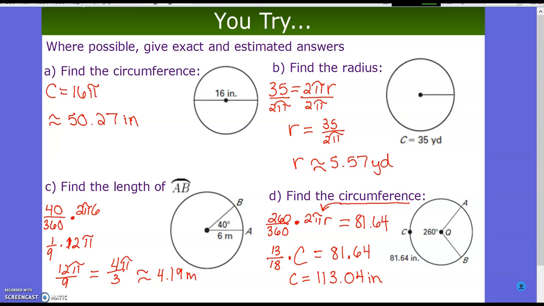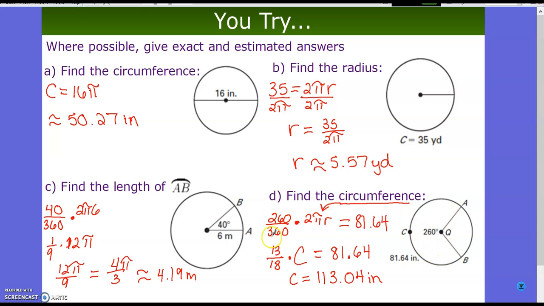A asked you for the circumference, B asked you to find the radius, so just using the formula for circumference for both of those. C is asking you for that arc length, so we take the portion of our circle, 40 degrees out of 360, and multiply it by the circumference, 2 times pi times radius. For letter D, we already have the arc length of 81.64 inches, and we have the portion of our circle, 260 degrees.